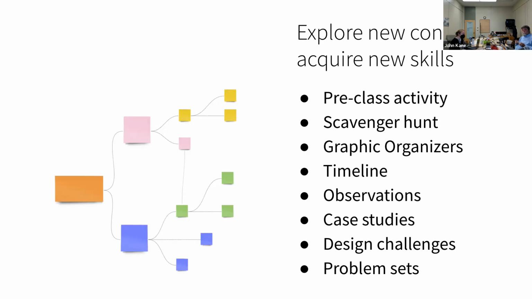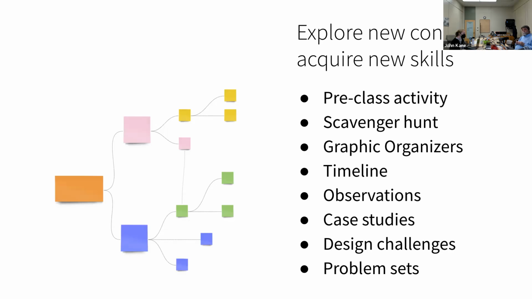Creating graphic organizers. This is perhaps similar to a Jamboard or a whiteboard where you can have students concept map out different course concepts and give them time to organize that material.